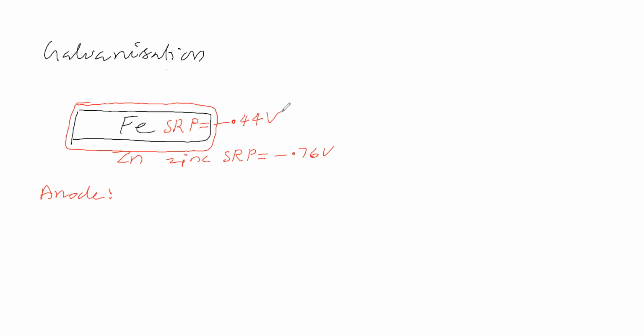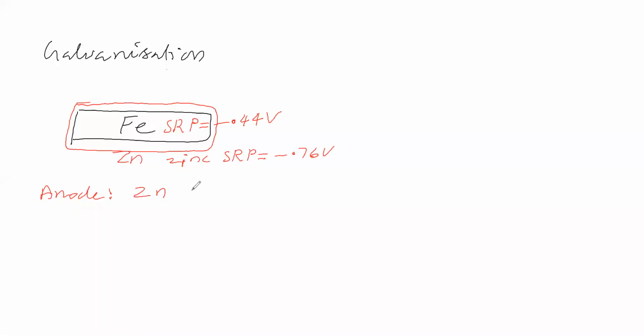Zinc has the lower SRP. So which will undergo oxidation, which will undergo the anodic process? Anode means oxidation. The one which has the lower SRP will undergo oxidation. Here, between zinc and iron, zinc has the lower SRP, so zinc is undergoing oxidation.